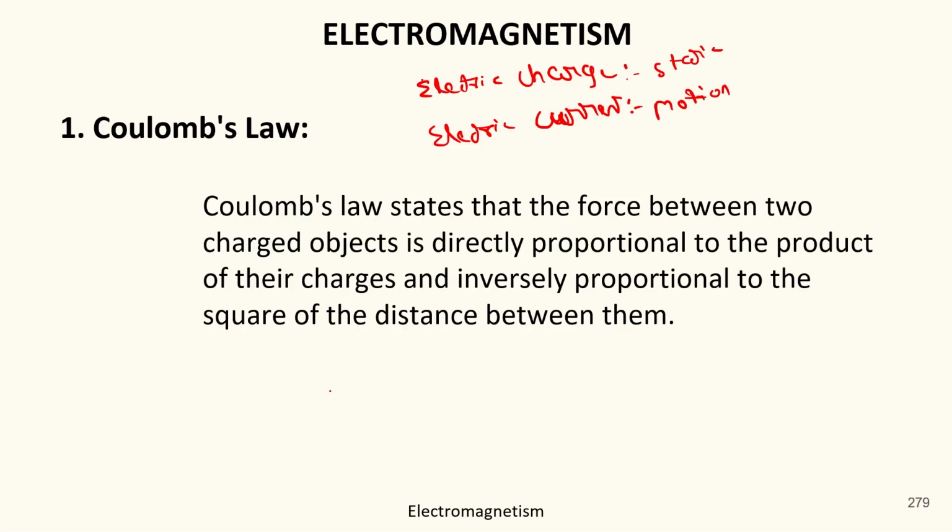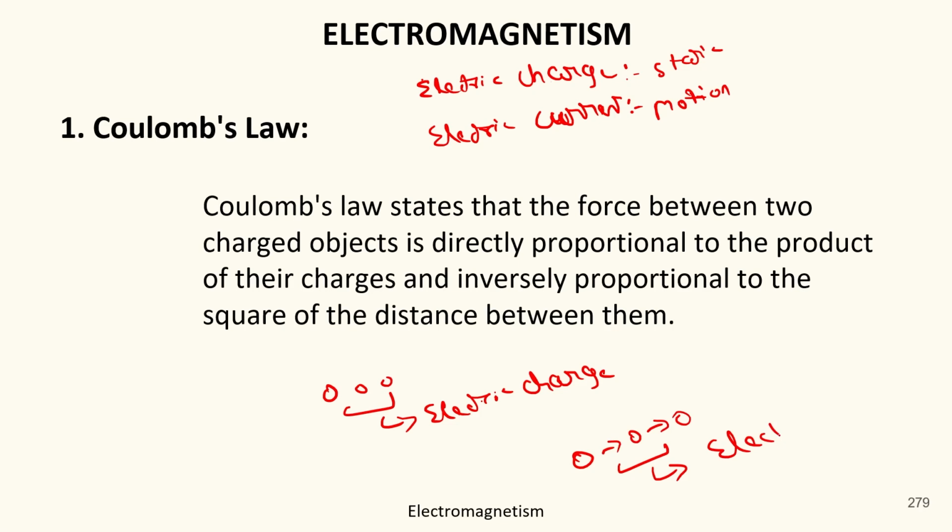So when there are only particles, it is an electric charge, and when there is motion, it is an electric current. Got it? That is the difference between electric charge and electric current.